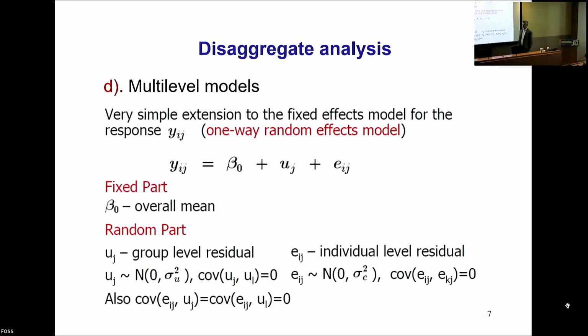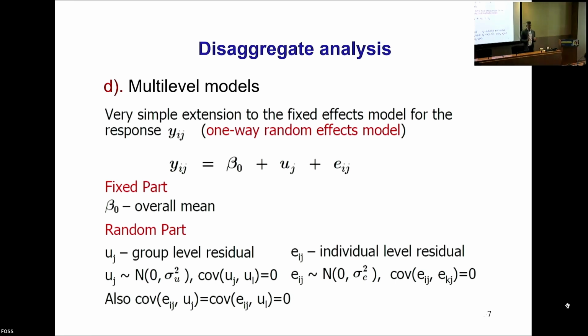So if you remember, we were looking at this very basic multi-level model equation. There are no explanatory terms in it. All we've done here is to decompose the overall variance, the overall error term, into two components: the group level residuals and the individual level residuals, the u_j's and the e_ij's.